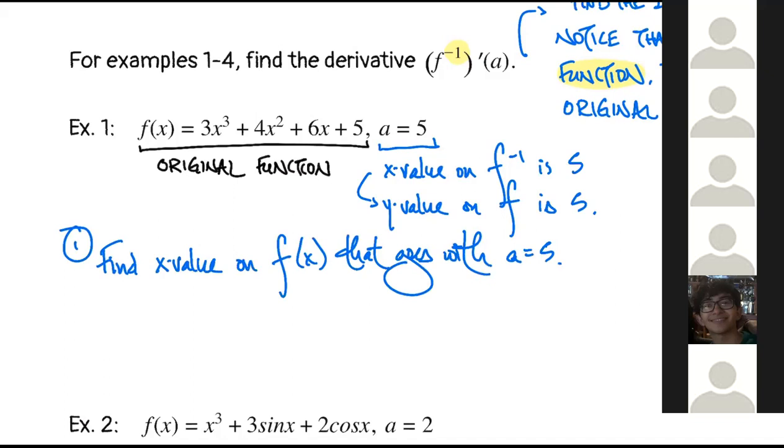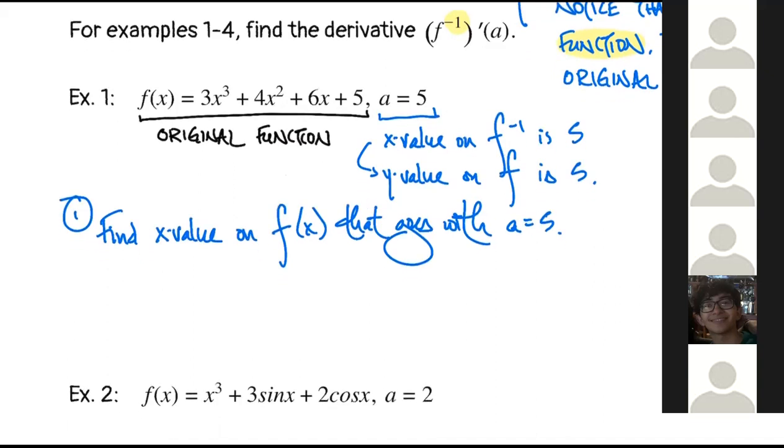That's going to be our starting point. We are going to find the x value on f of x that goes with a equals 5. With this equation, where do I plug 5 in?